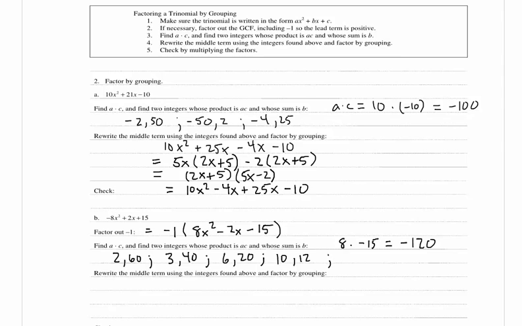So we're going to use 10 and negative 12. So now we want to rewrite the middle term using the integers found above. So we're going to have the negative out front, 8x squared minus 12x plus 10x minus 15.